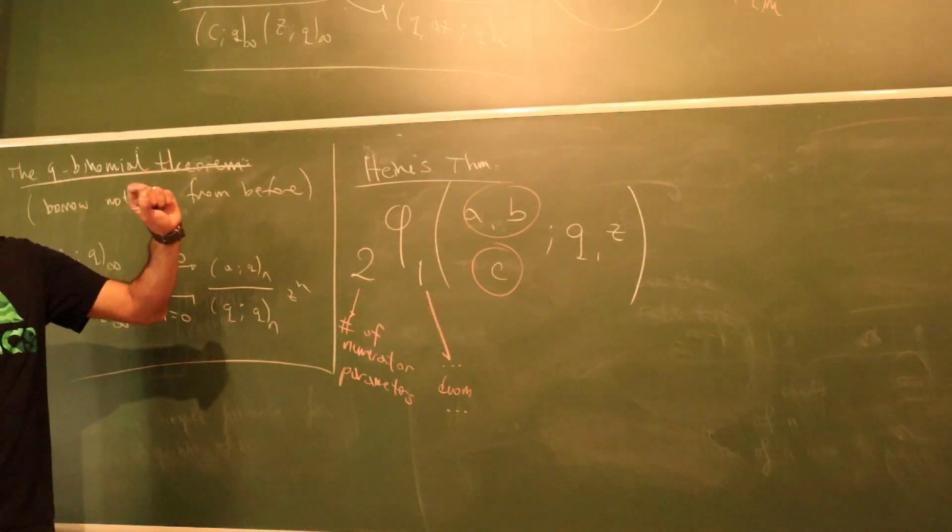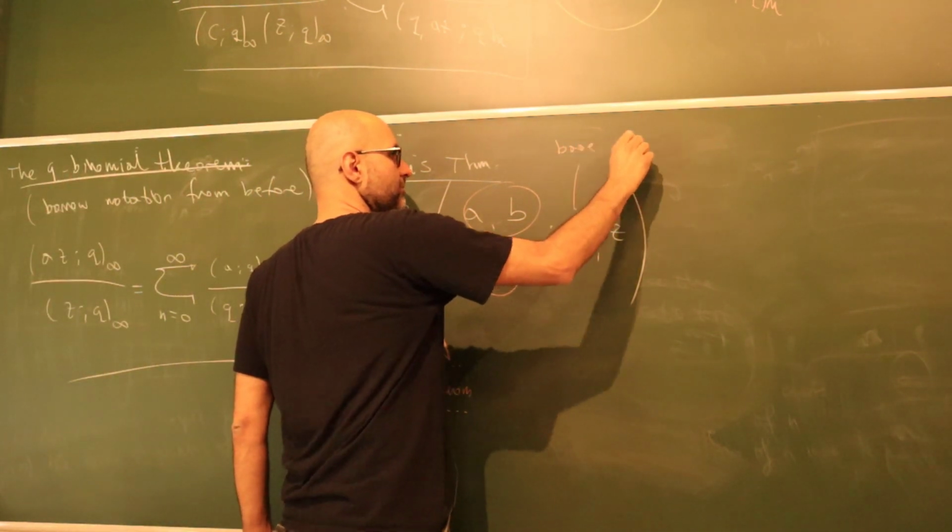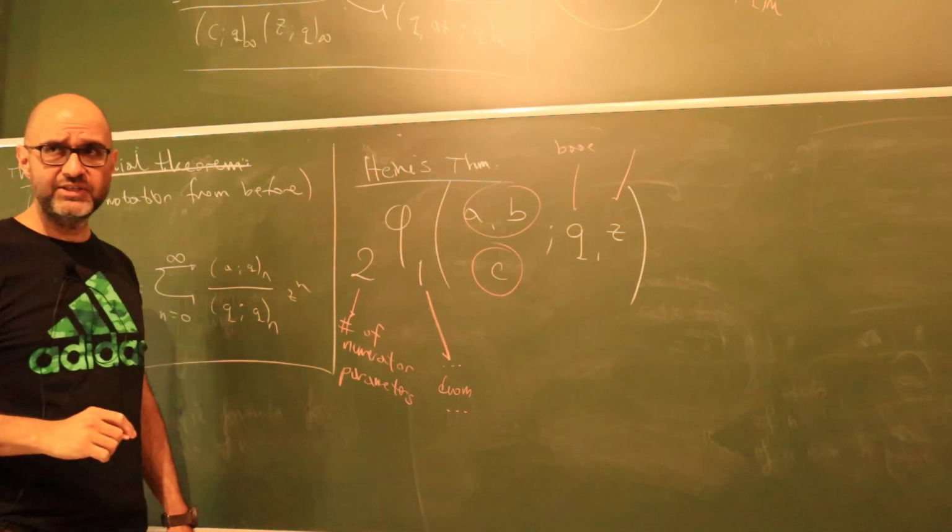The Q factorial is always there. Q is the base we are using, and Z is the argument.